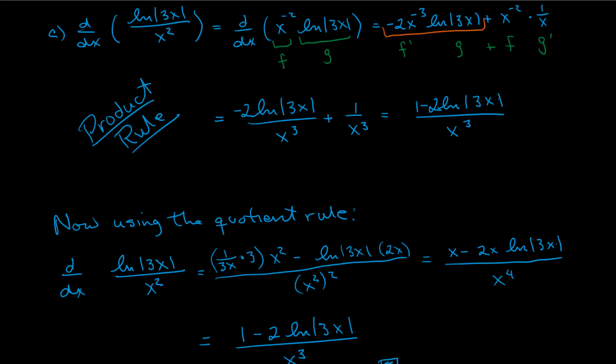We have a common denominator, which is good news. That means we can add the two fractions together. And when I add them together, it doesn't matter which order I add them in. I can do the minus 2 natural log absolute value of 3x plus 1, or I can do the plus 1 minus the 2 natural log absolute value of 3x, which is what I did over here.